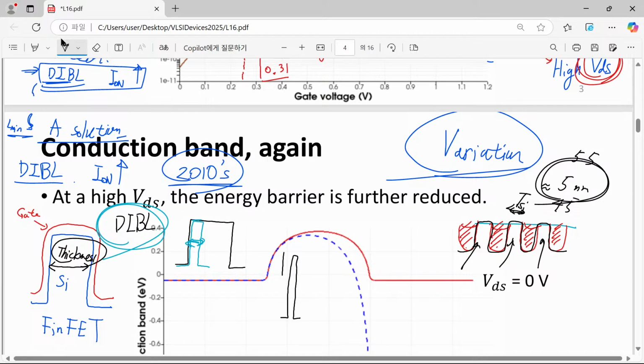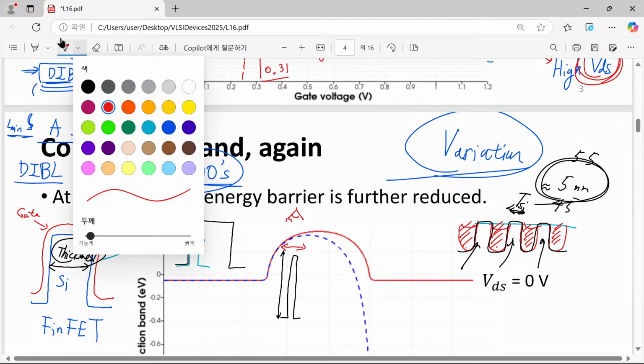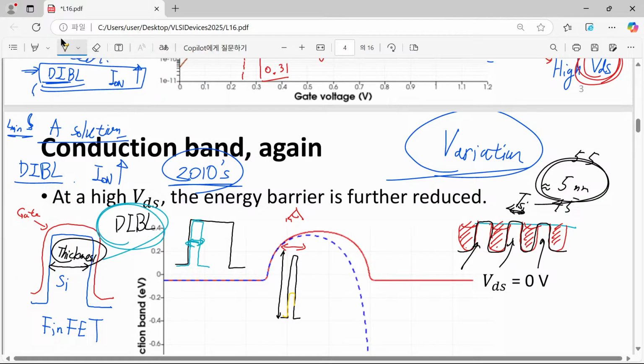If we have a tall fin, from the viewpoint of this top view, we are currently consuming the same amount of silicon area. However, compared with the relatively short fin shown here, we can actually increase the effective width quite significantly.